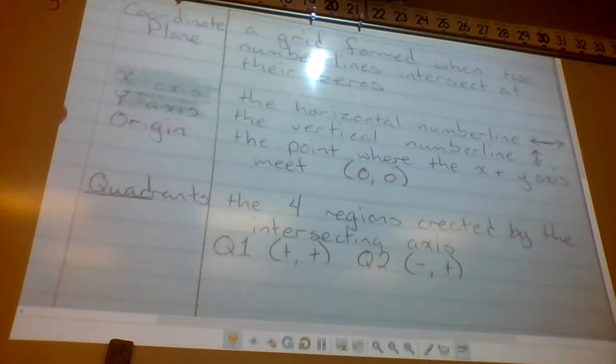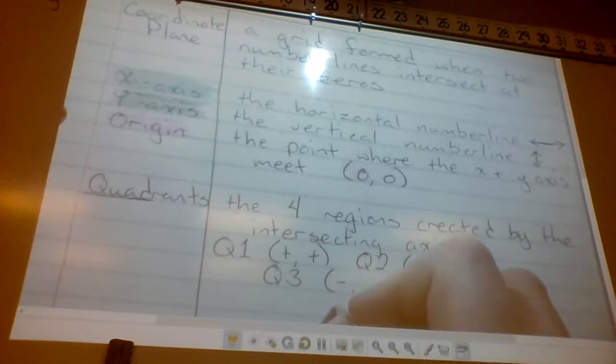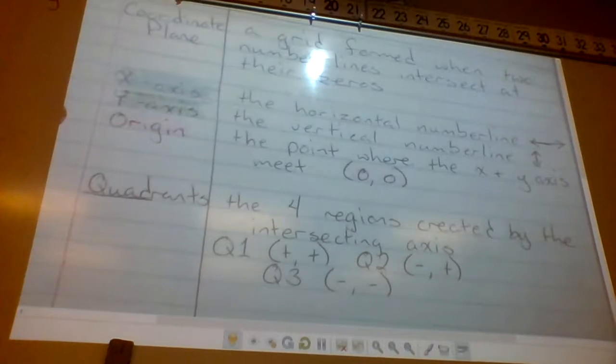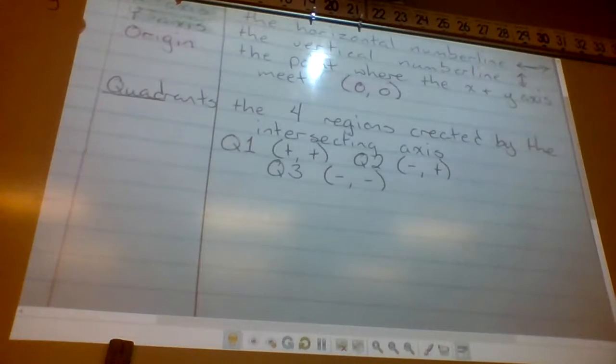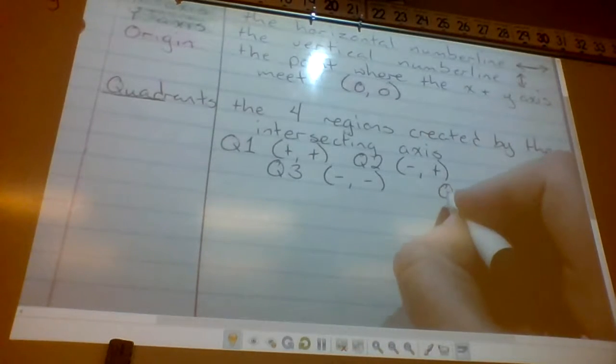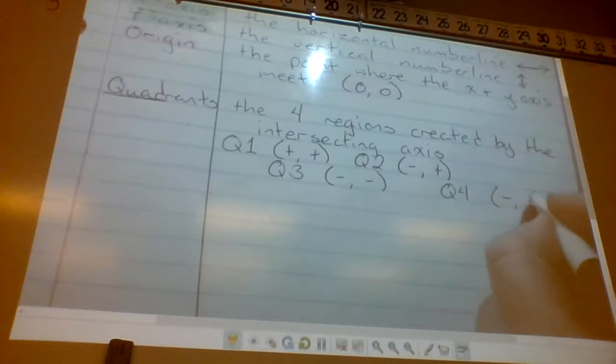And if you don't already know, these parentheses and everything I'm doing will become more clear in just a little bit. Quadrant 3 is negative, negative. Does that help? And quadrant 4 is a positive, negative.